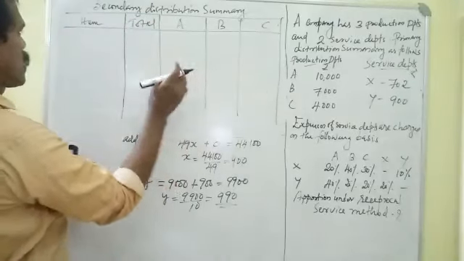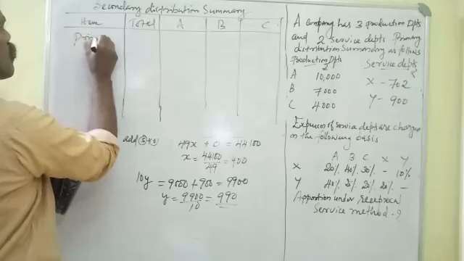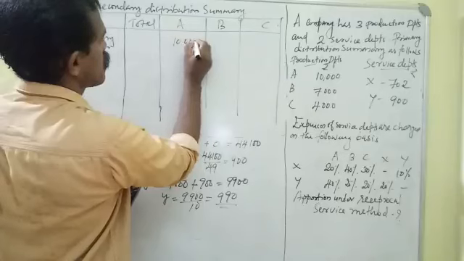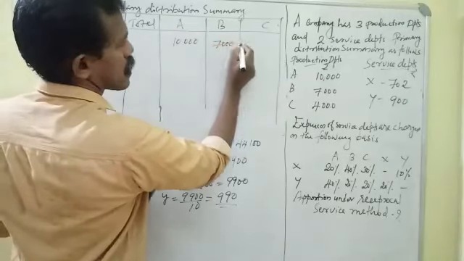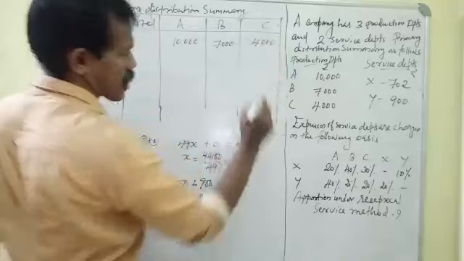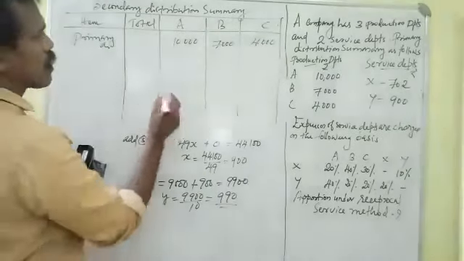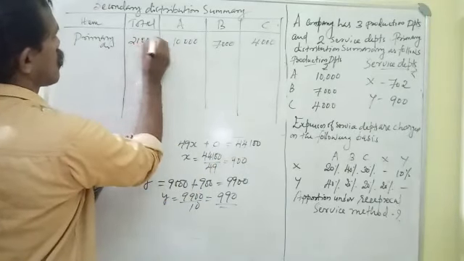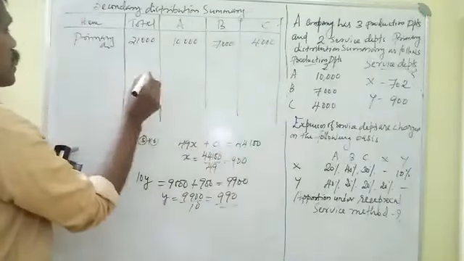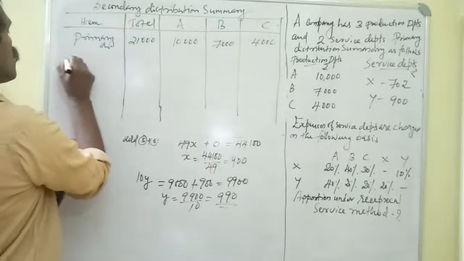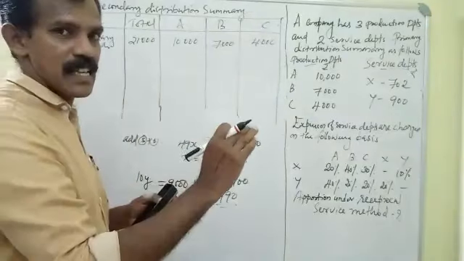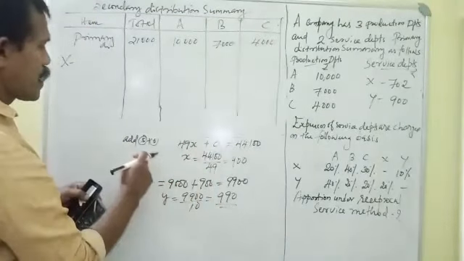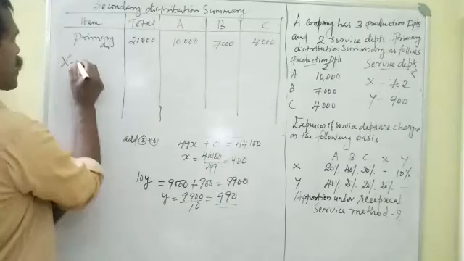Then we start firstly with the primary distribution. Then A is amount already given, 10,000, then B 7,000, then C 4,000, and the total is 21,000. Next we are going to distribute the overhead of X among A, B and C. Now we calculated the total overhead of X is equal to 900.